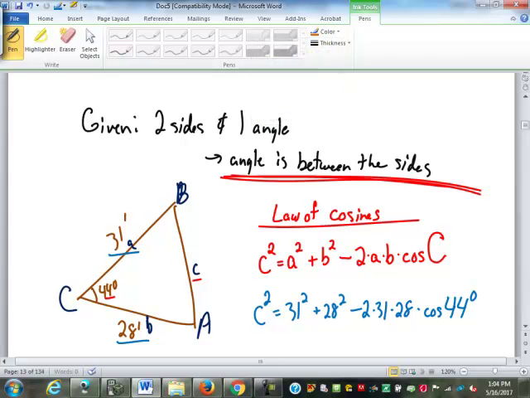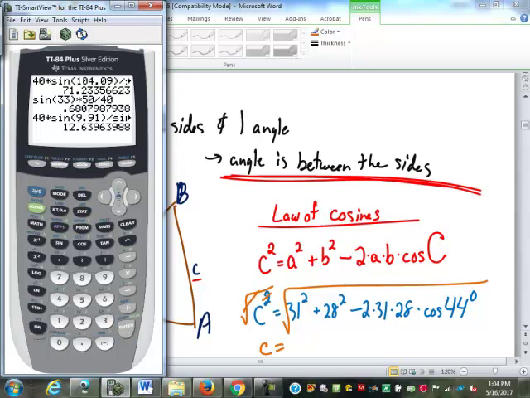What I'm going to do is when I punch this in my calculator, I'm going to do the square root over that to get rid of the squared there. So I'm going to punch it in like this, second square root, and it's all going to go inside the square root. On your calculators, many of you, when you hit the square root, it gives you an open parenthesis. If that's the case, we're going to have to put an extra parenthesis at the end for you.